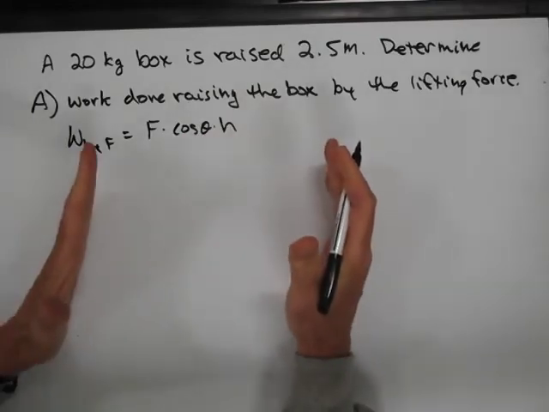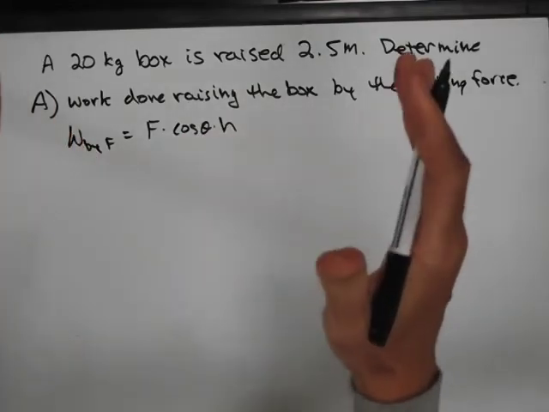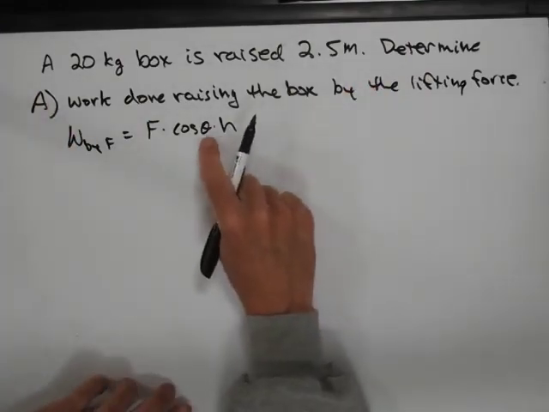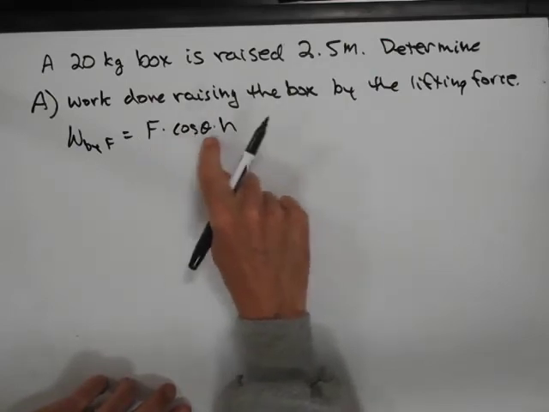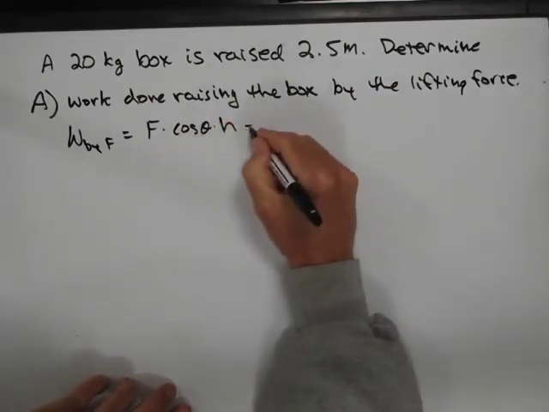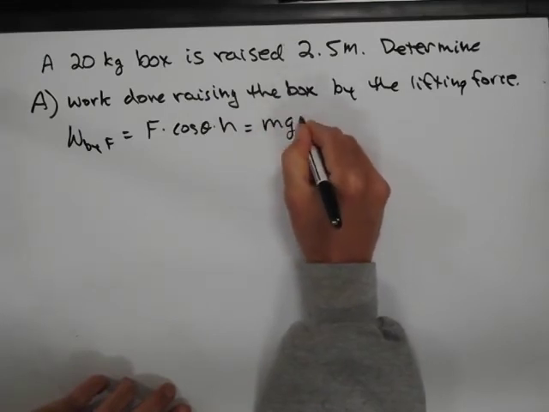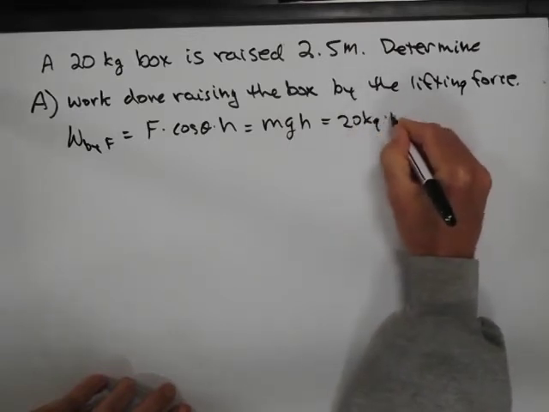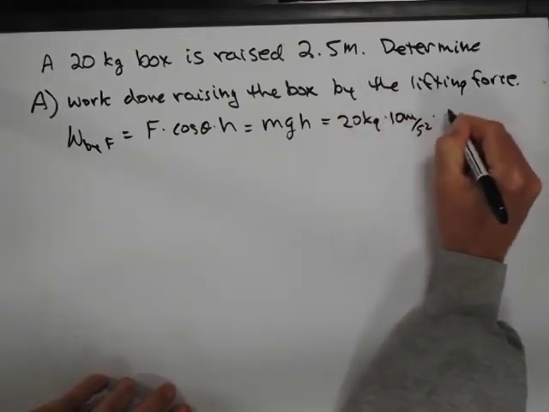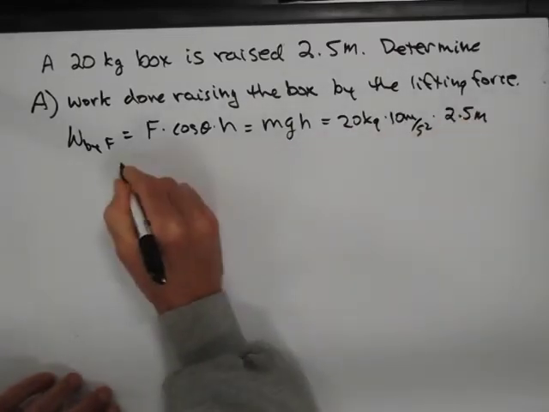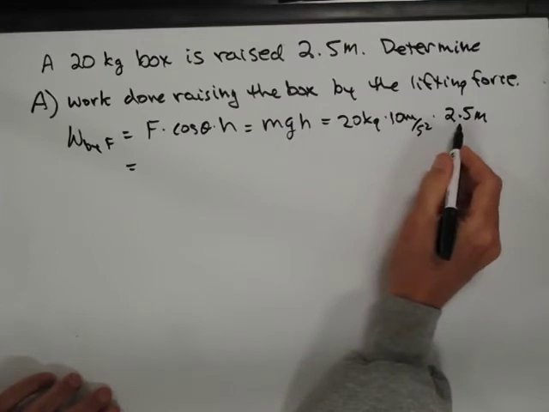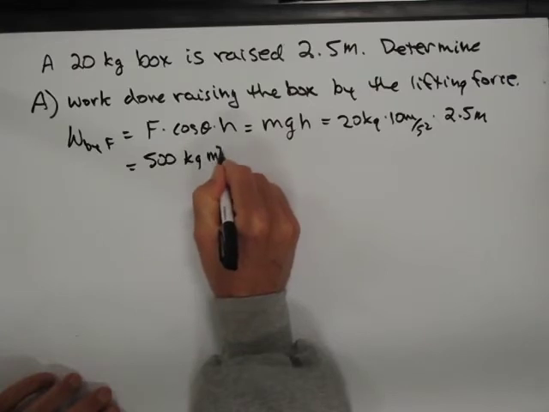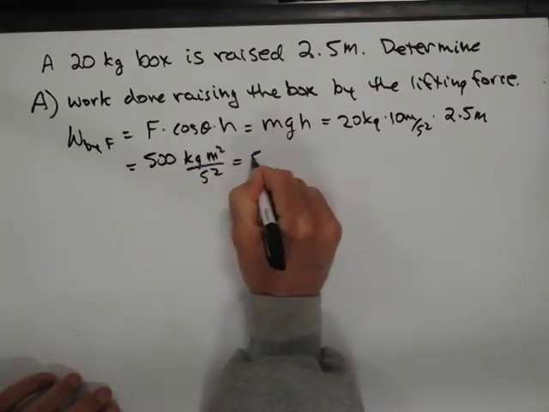I grab the box and I slowly lift it, and I'm exerting a force equal to its weight, and I'm raising it to height h, and the angle between those two, since I'm lifting it and it's going this height, is 0. And so this is mass times gravity times height, or 20 kilograms times 10 meters per second squared times 2.5 meters. And 20 times 10 is 200 times 2.5 is 500. 500 kilogram meters squared over second squared, that's 500 joules.